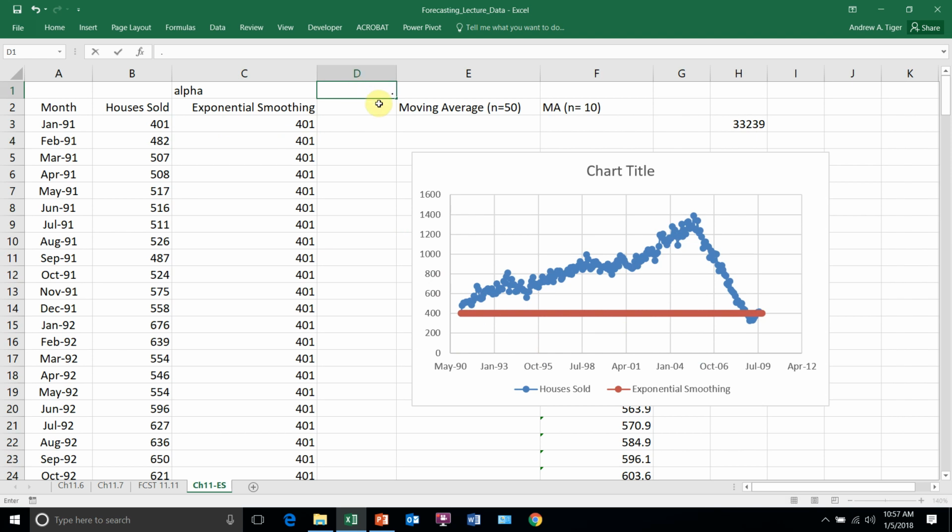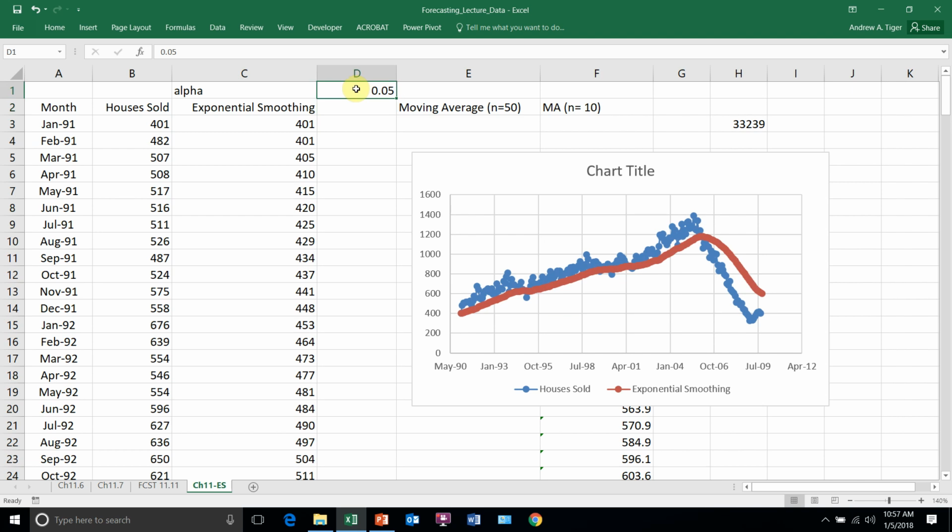If I have alpha really small, then it takes a long time for it to change. You can see it takes a lot of data, because it only takes 0.001 of this plus 1 minus 0.001 of the old one. So it takes a long time to change. But as alpha gets bigger, it gets really good really fast.